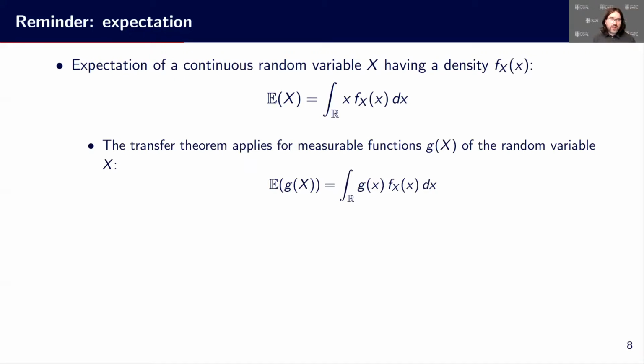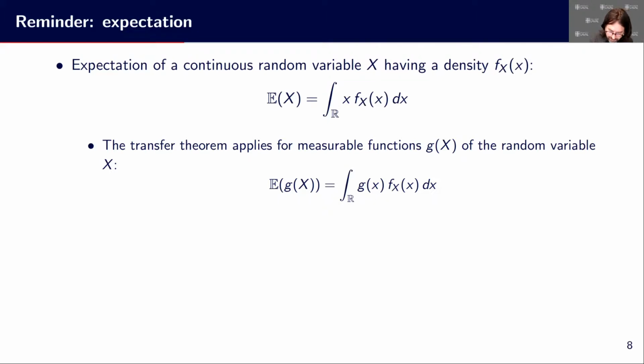We can then use the transfer theorem for measurable functions gx. This states that the expectation of gx, which is the difference with what we had before, is equivalent to the integral of gx fx of x dx.